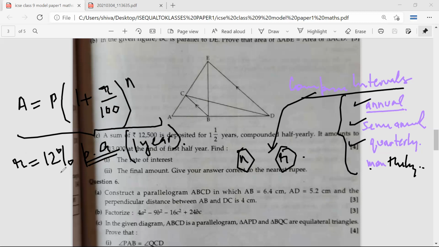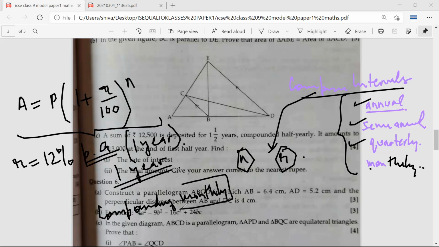Now, if I consider 1 year, and if I want to do monthly compounding, so my time is 1 year. But when I apply this formula, what would be my n?